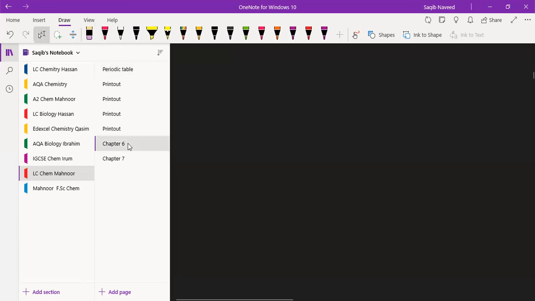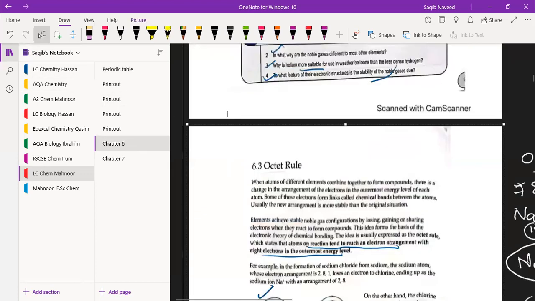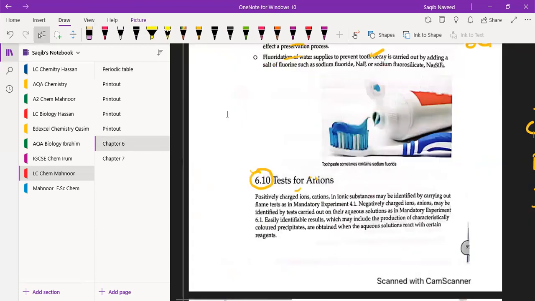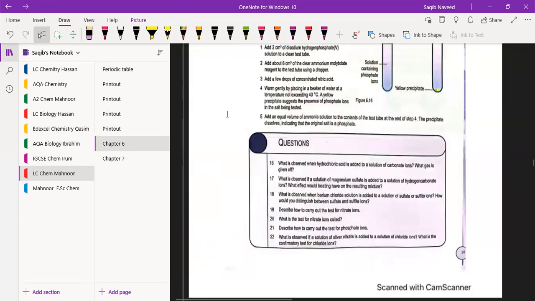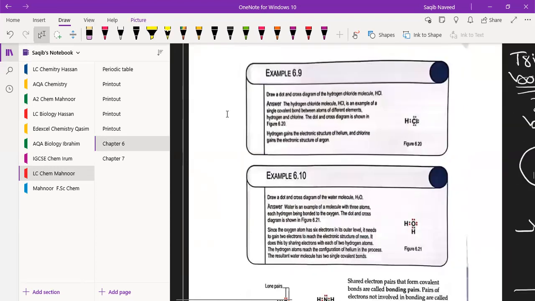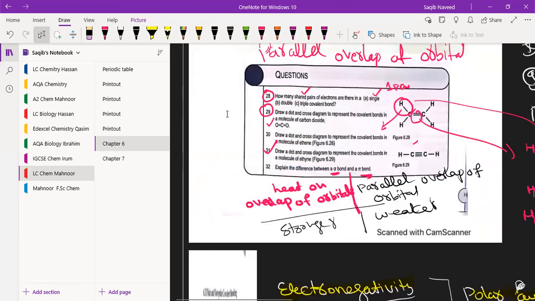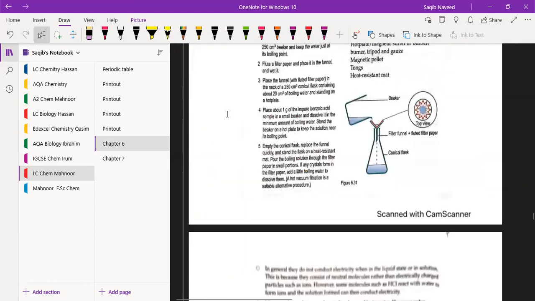Any doubt? So this was the concept of electronegativity, which is highest in fluorine. It is basically the property of non-metals, not metals. Fluorine is a good non-metal that has the highest value, and it exists mostly in covalent bonding.